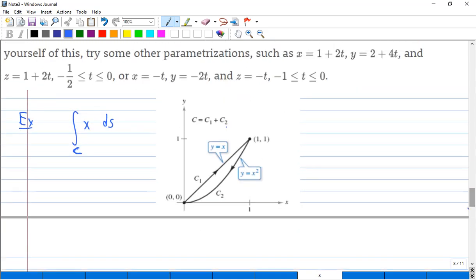All right, so you can see the equations are changing here in this smooth curve. It's just telling you what the curves are.